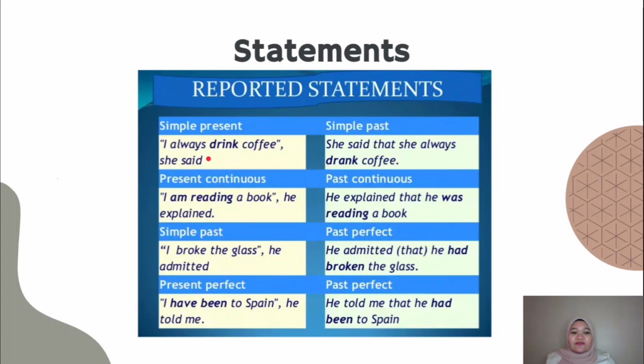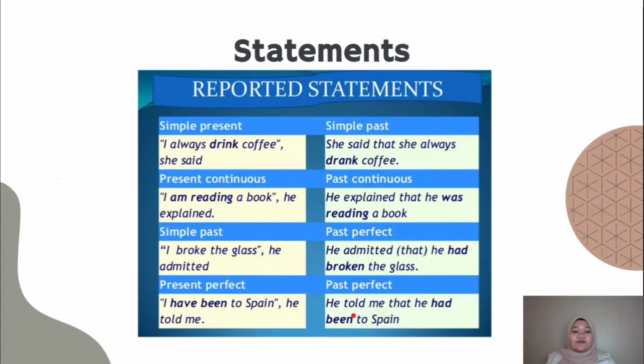The "she said" from the end of the sentence changed to the front of the sentence. Okay? It's the same for the other examples. Explained at the end of the sentences, when it comes to reported speech, it will be at the first of the sentence. Okay? He explained, he admitted, he told. I hope it's clear.